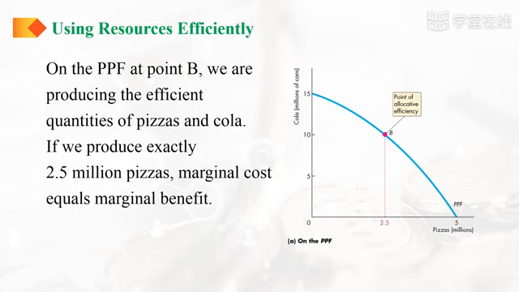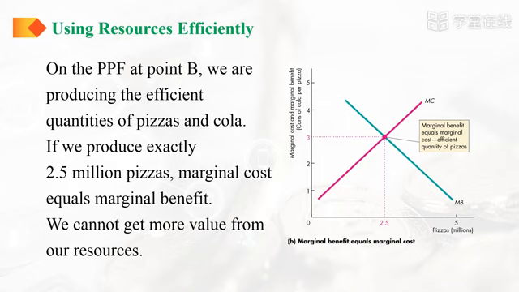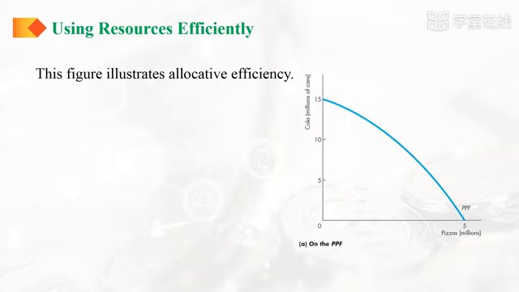If we produce exactly 2.5 million pizzas, marginal cost equals marginal benefit. We cannot get more value from our resources. This figure illustrates allocative efficiency.